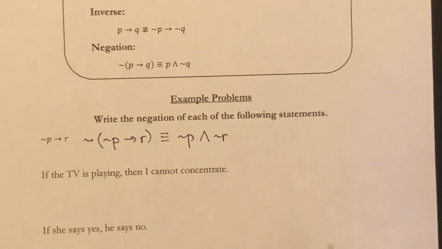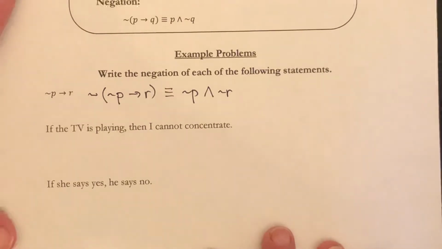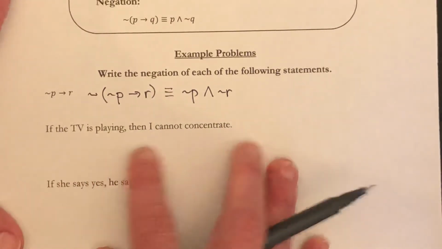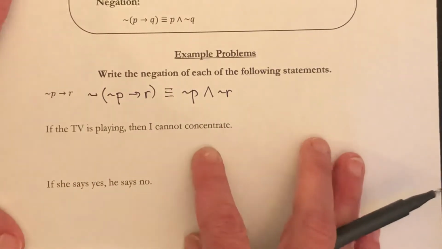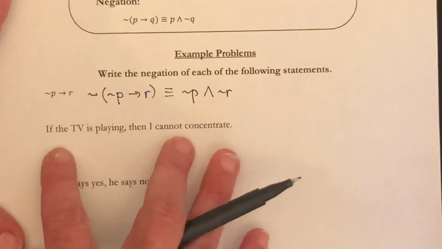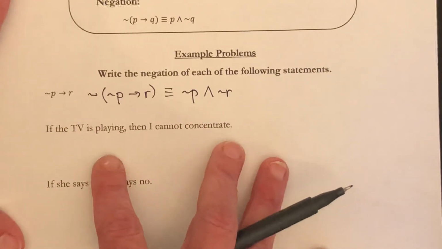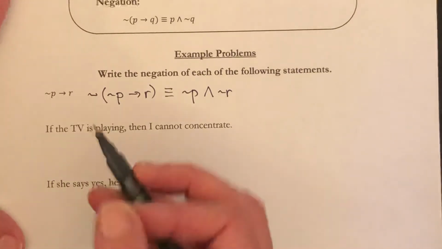Okay, let's do the same thing here. If the TV is playing, then I cannot concentrate. We need to figure out our P and our Q, and then we can go about negating them.